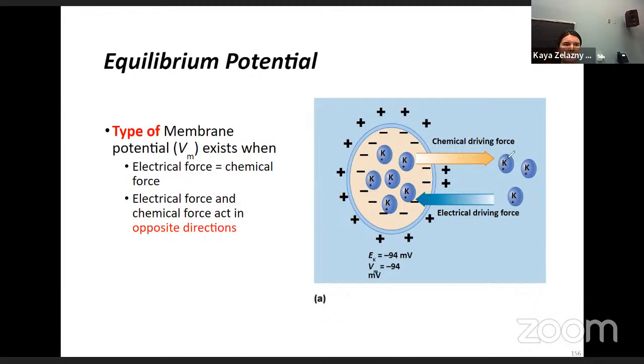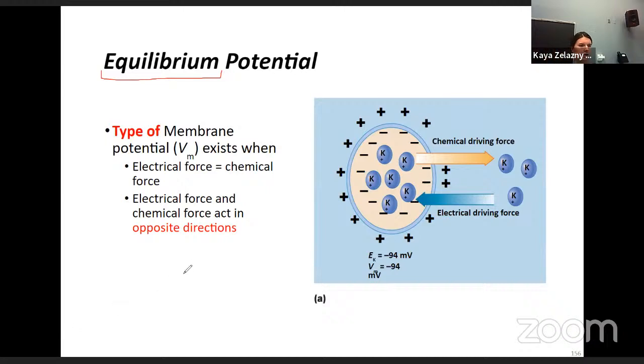But if they're exactly the same, we're at equilibrium and we see no movement. So the equilibrium potential tells us what charge is going to be inside the cell when this happens, right? Like what is the number for our membrane potential where we see no movement of that ion?